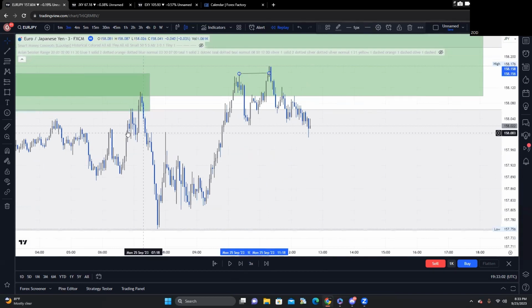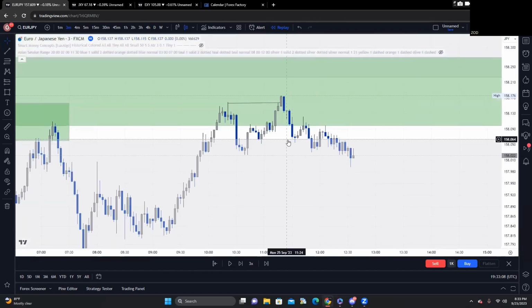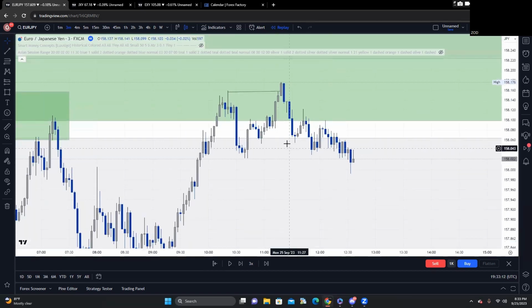Then we had this break of structure here, putting in this low, right? And then what do we have? A change of character here.